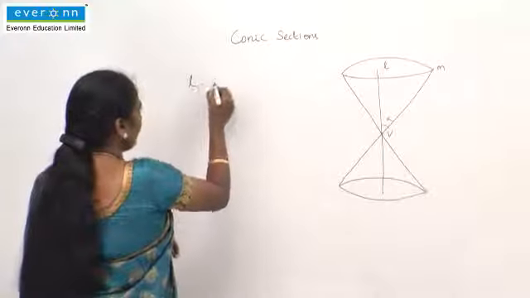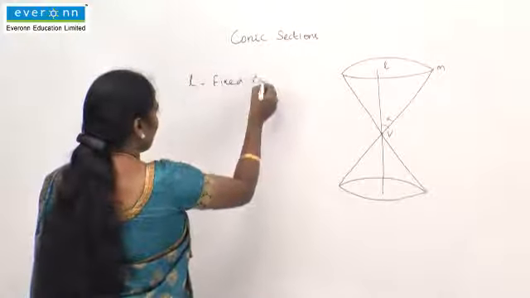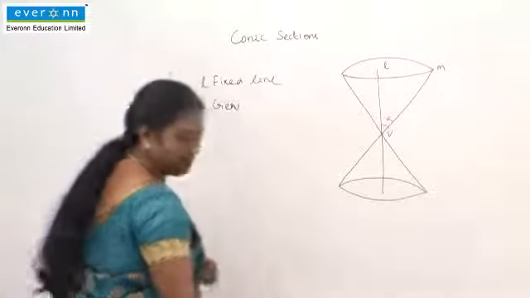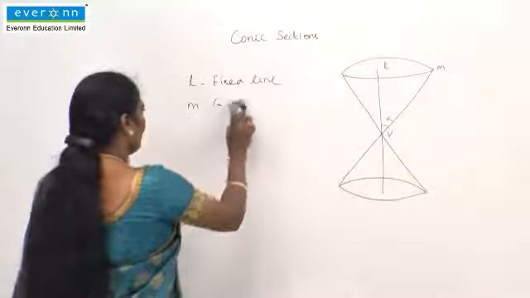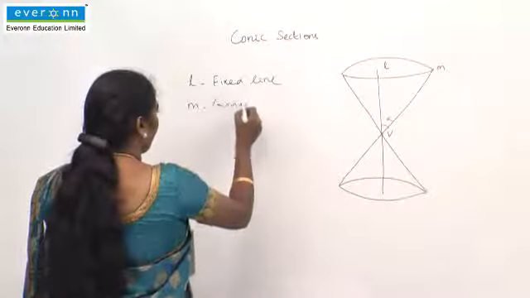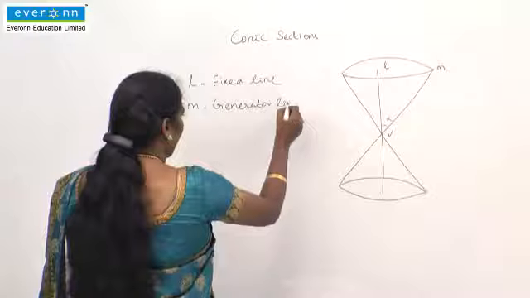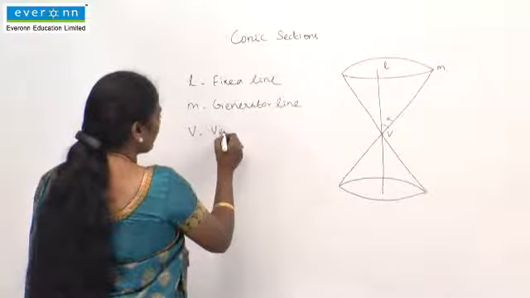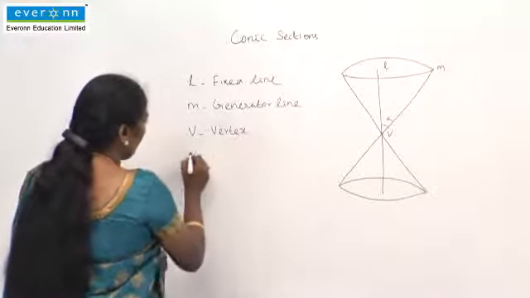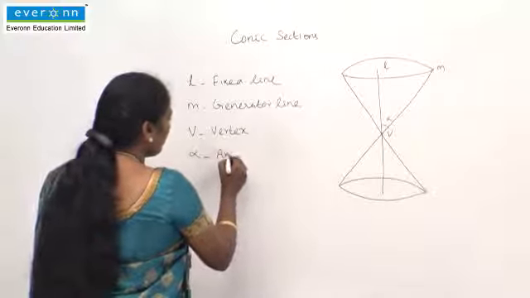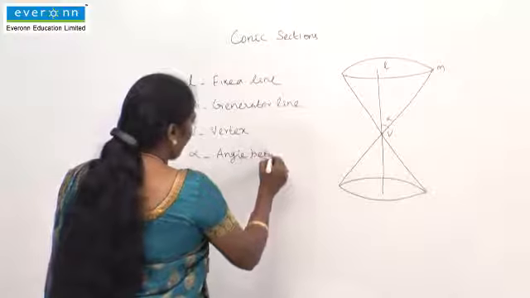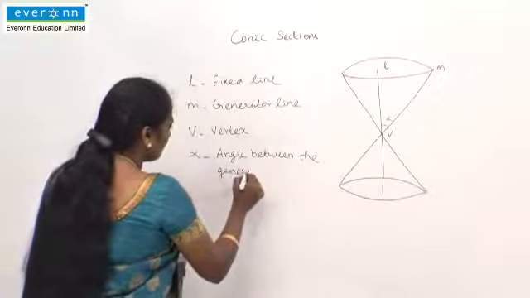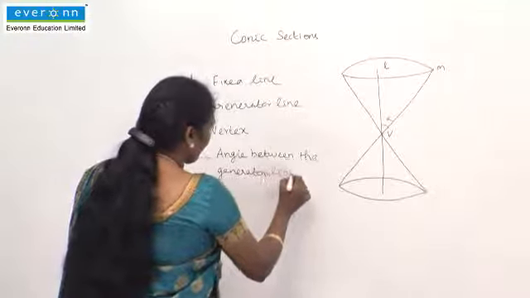Here L is the fixed line, M is the generator line, V is the point of intersection of the two lines, we call it the vertex, and alpha is the angle between the generator line and the fixed line.